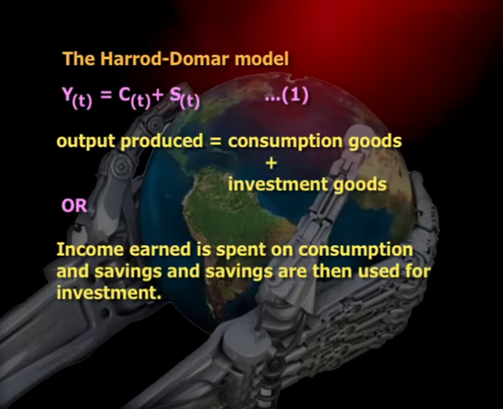This identity implies that at any given time period, output produced is equal to consumption goods plus investment goods, or income earned is spent on consumption and savings are then used for investment.